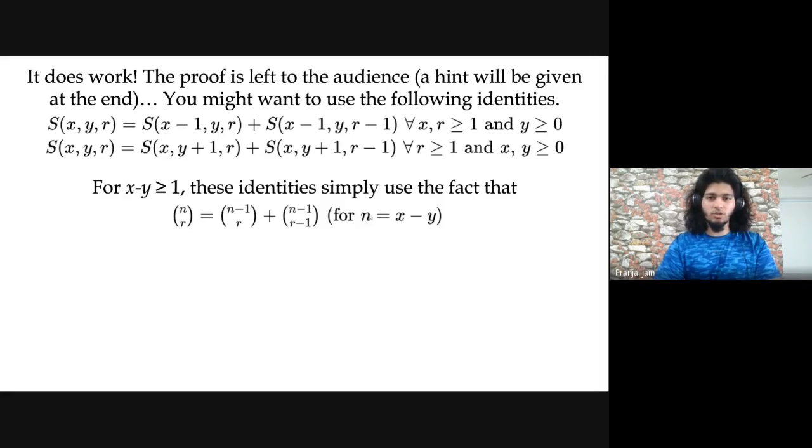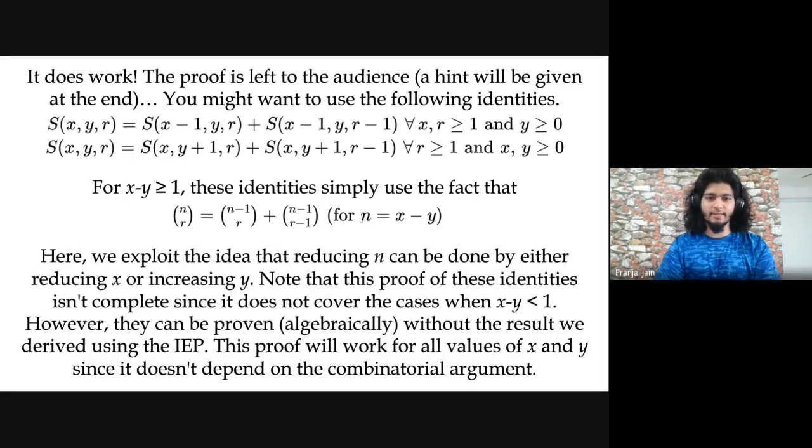And the way you look at that is for reducing n. Over here, we are going from n to n minus 1 at the top. If I want to reduce n by 1, I can do that by either decreasing x or increasing y. In the identity, you can see that over here you have x and x minus 1. So I have reduced x by 1, and that basically reduces n by 1.